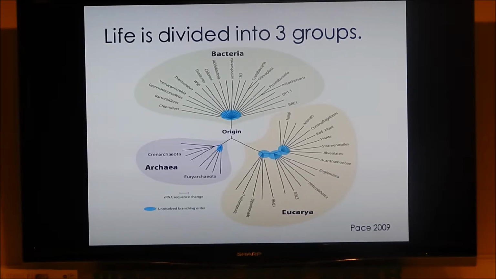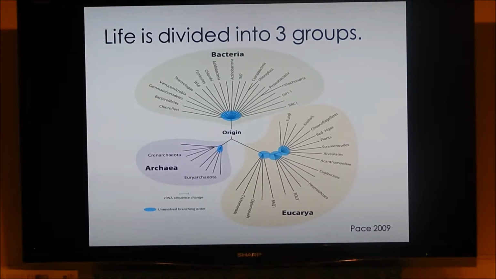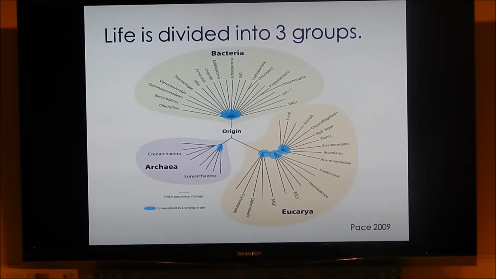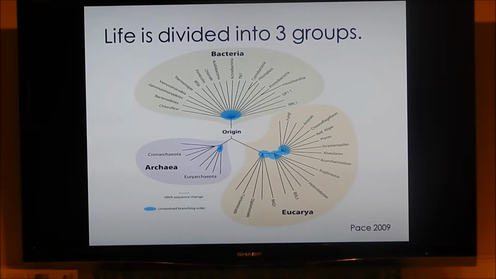But to point out for the rest of the talk too, bacteria, that group is what I study, and that's what we'll be talking about for the rest of the time. But it's important to know these 3 in general. And then eukarya are cells that are like our human cells. But the archaea and bacteria are different than our human cells.